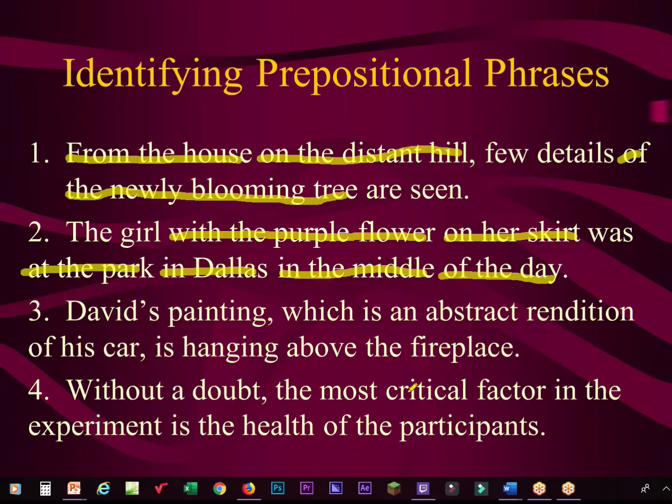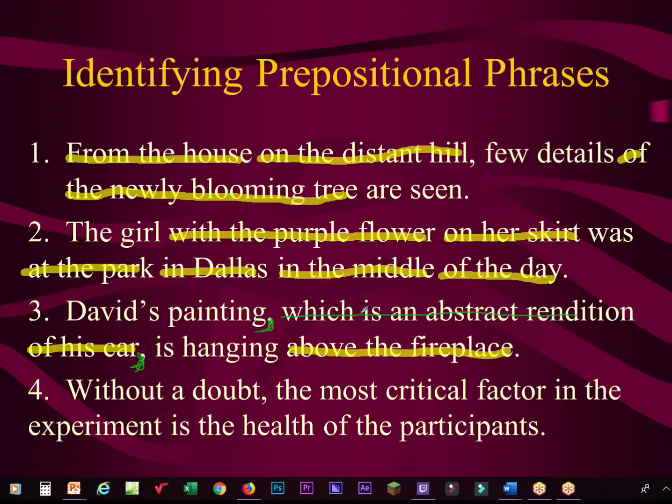Now on this one, the prepositional phrases are "of his car" and "above the fireplace." But I want to tell you something else about this. Anytime that you see these commas here that separate some phrase or a clause like this, when it sets it off from the sentence, this too can be eliminated, because all we're trying to do is to get down to the basic elements of our sentence, and this is not one.